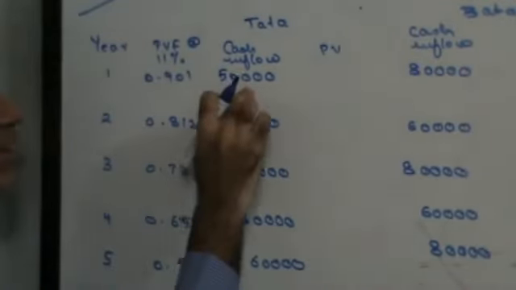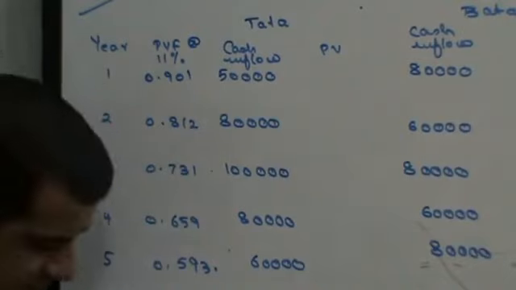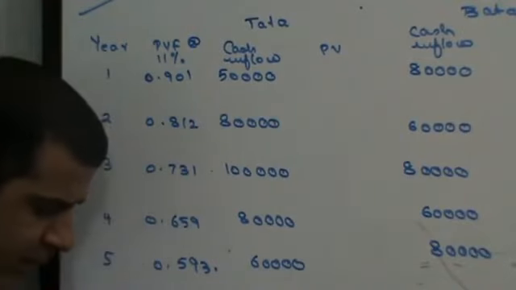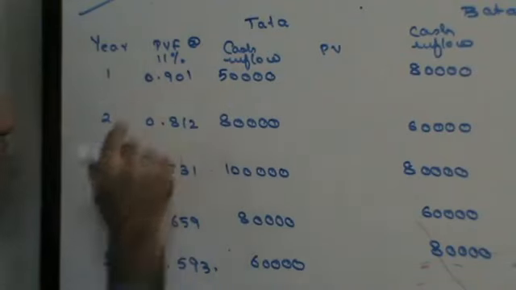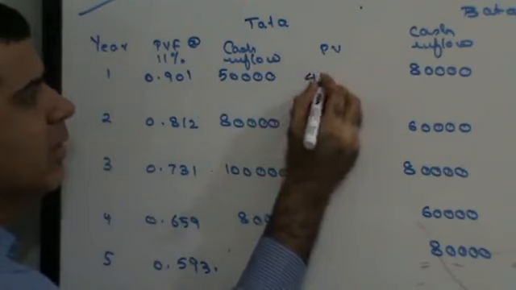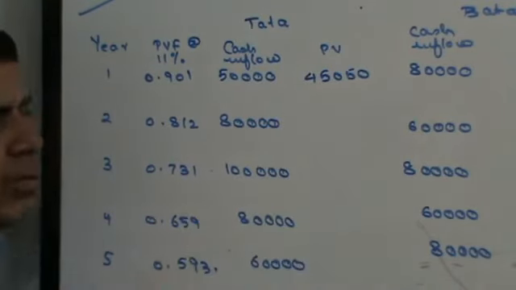Very simple, guys. Cash inflow multiplied by present value factor. So when you multiply cash inflow by present value factor, you will get 50,000 into 0.901 is 45,050.